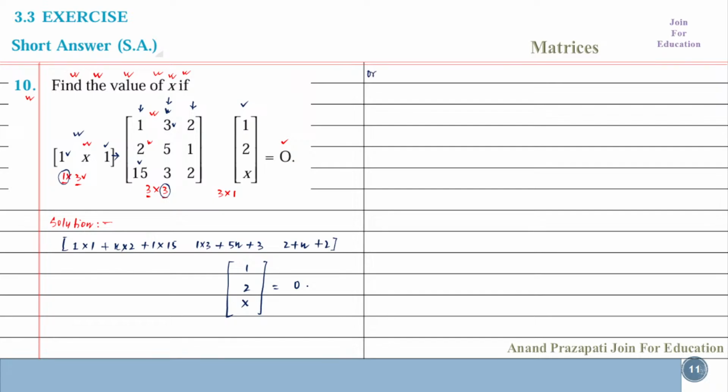So the next step will be 1 plus 2x plus 15. 1 plus 15 equal to, directly write down here, 16 plus 2x, and 3 plus 3 equal to 6 plus 5x, and 2 plus 2 equal to 4 plus x.